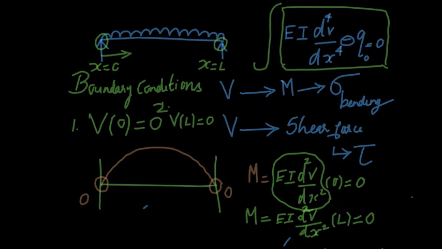Two times integration gives you q naught x squared by 2. Three times integration, it is x cubed. Four times integration, it is x raised to the power 4. So it is quite obvious that the order of the polynomial equation is going to be 4.